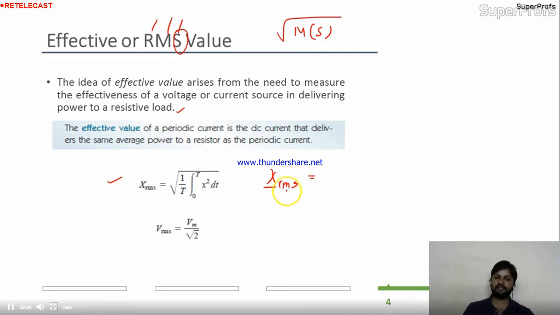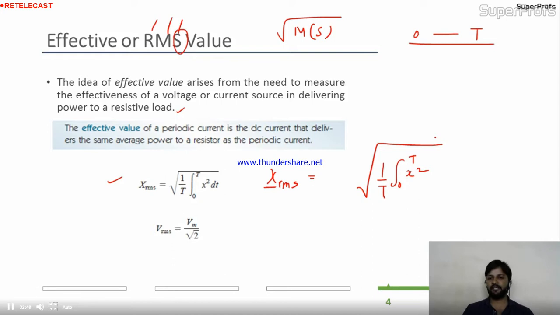First take the square, x squared. Then the mean. What is the mean? From 0 to T, suppose. In this interval, how to calculate the mean? It is the total, the integral, divided by that interval. This is the mean. So the square is over, the mean is over. Now just take the root. This is the RMS value.